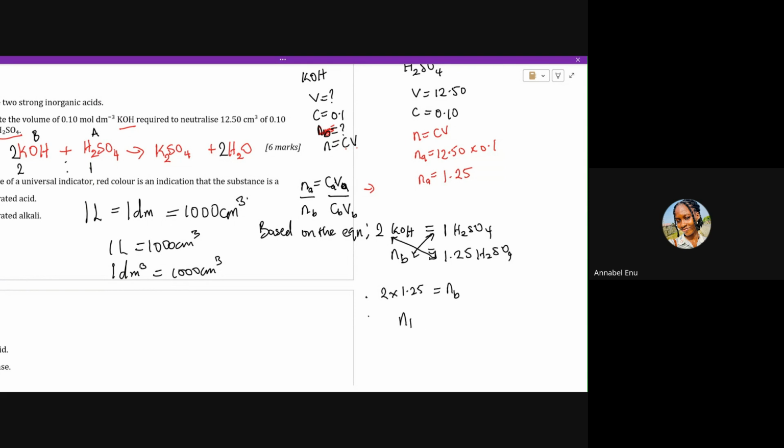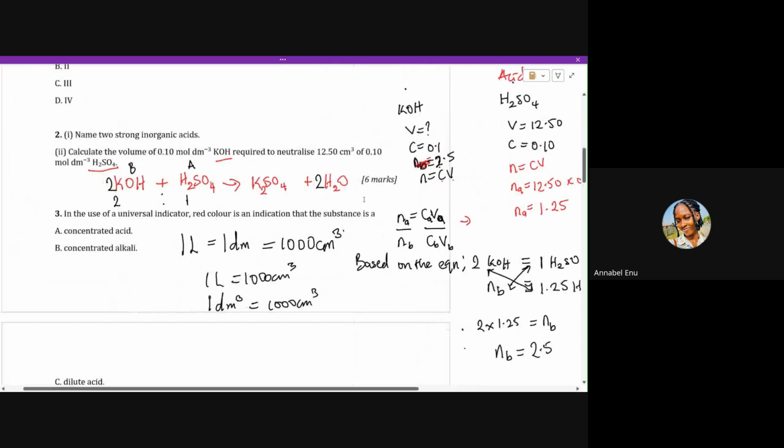So our number of moles of base will now be 2 times 1.25. If you punch your calculator, you will get 2.5. So our number of moles of base is 2.5. We have finally gotten that, and that is what we need to be able to get our volume.